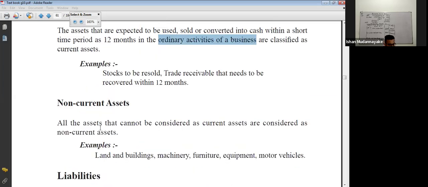Non-current assets: all the assets that cannot be considered as current assets are considered non-current assets.